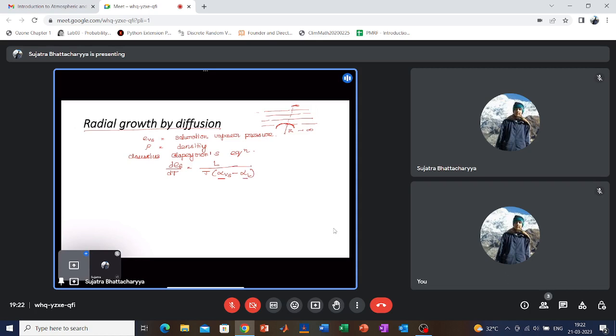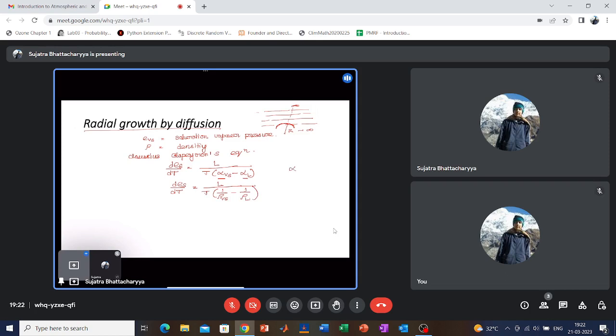Fine. So with some simplifications, dEs by dT will be equal to L upon T of 1 by rho Vs minus 1 by rho L. Why can we write it?